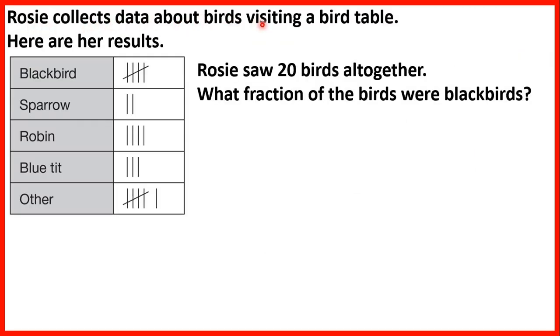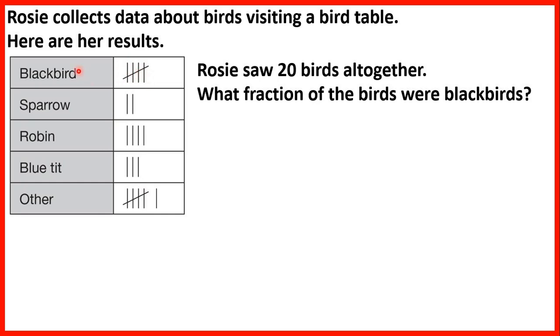Rosie collects data about birds visiting a bird table. Here are her results. Rosie saw 20 birds altogether. What fraction of the birds were blackbirds? So here we have a tally chart, and if we find blackbirds, we can see that we have 5 lines.